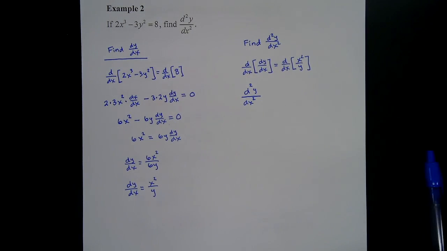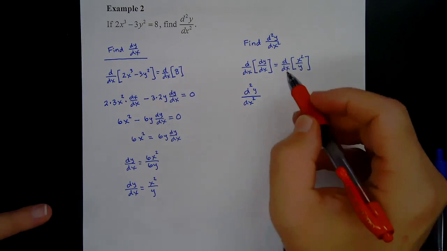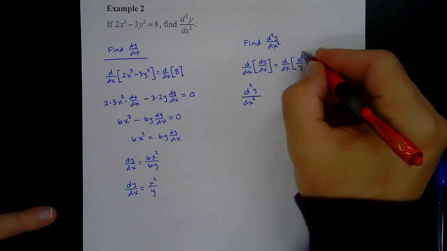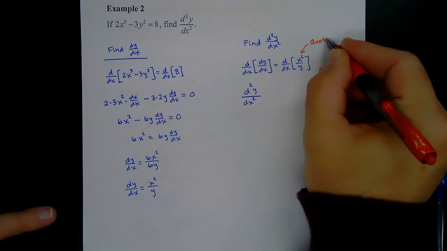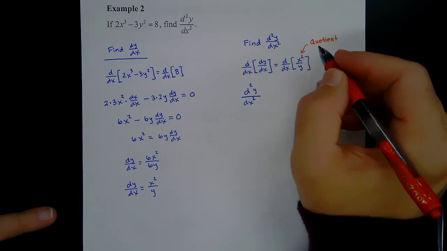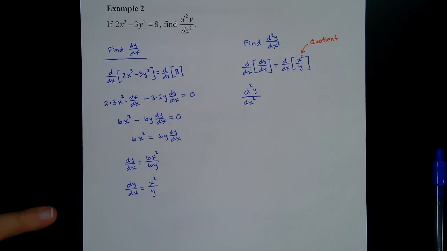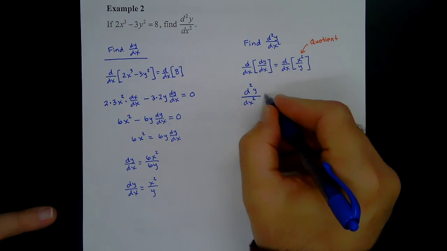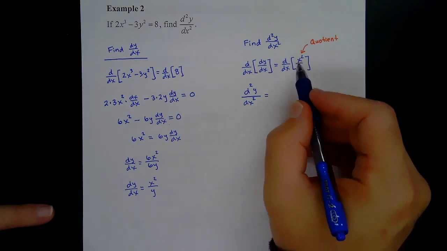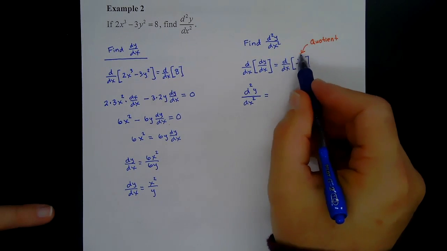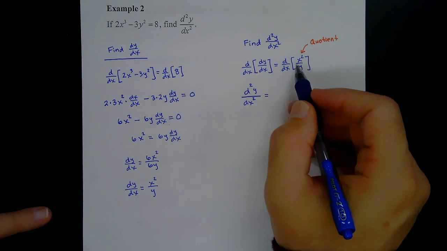Now, something we have to realize is this is a quotient of x squared and y, which means we have to use the quotient rule. So we take the derivative of the top with respect to x.